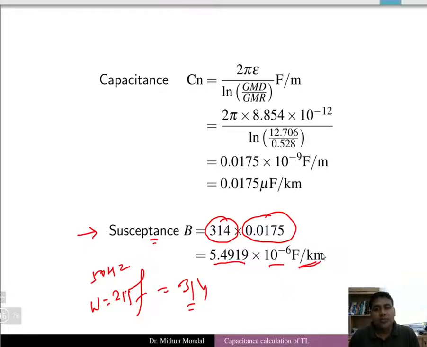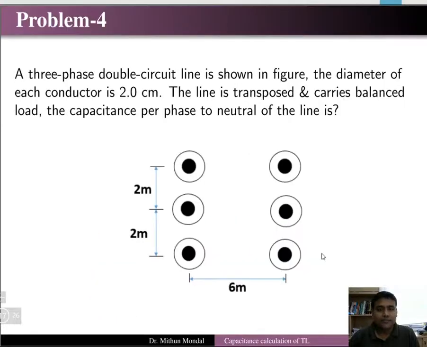So in this way we can calculate the capacitance as well as susceptance of a line which is three-phase and double circuit line. Now again in the problem number 4, we have a three-phase double circuit line and the distance between the conductors is 2 meter and the distance between the phases is 6 meter.